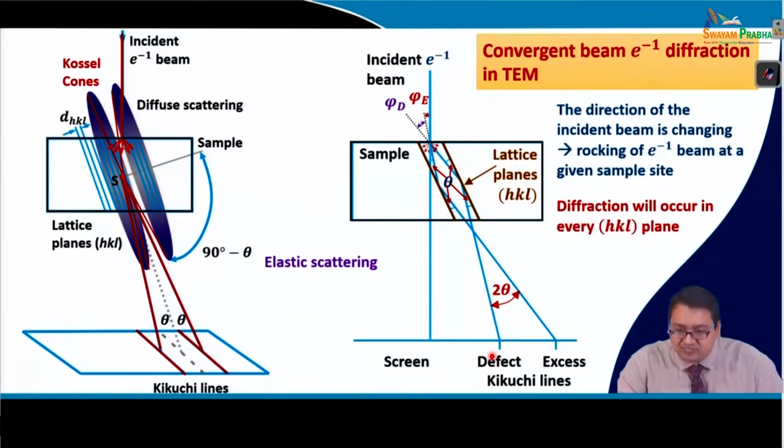So, you see that in convergent beam electron diffraction in a TEM we obtain each Kikuchi band with an excess Kikuchi line and a defect Kikuchi line. The excess Kikuchi line will be outside and the defect Kikuchi line will be inside for each and every HKL plane, right.